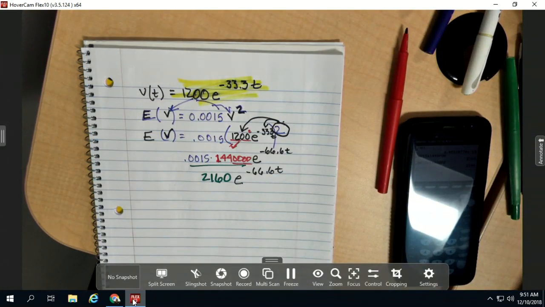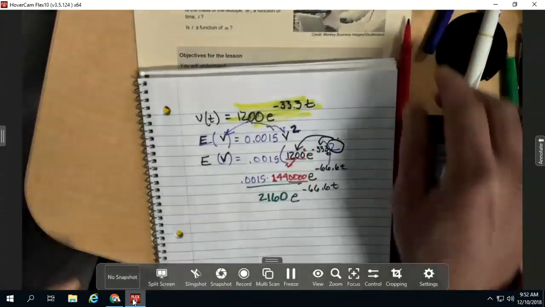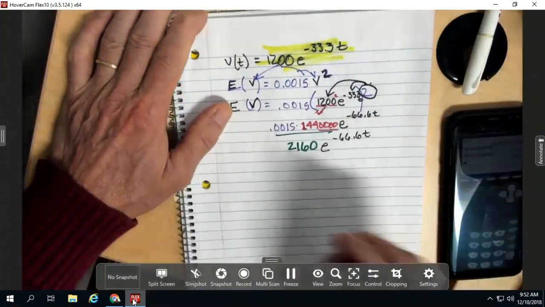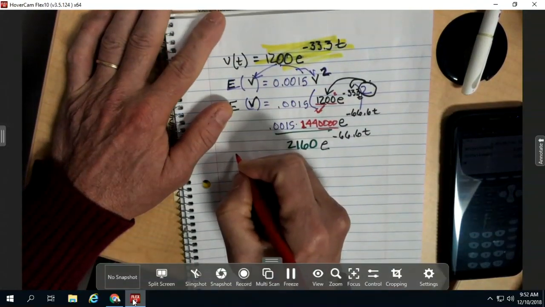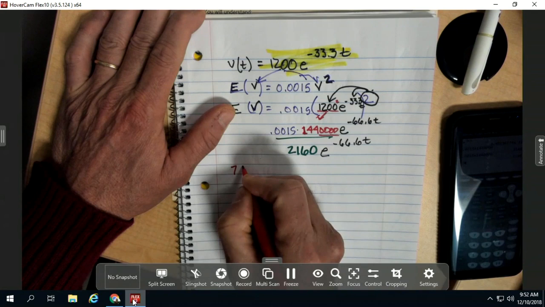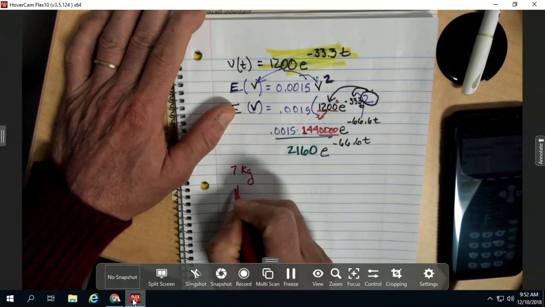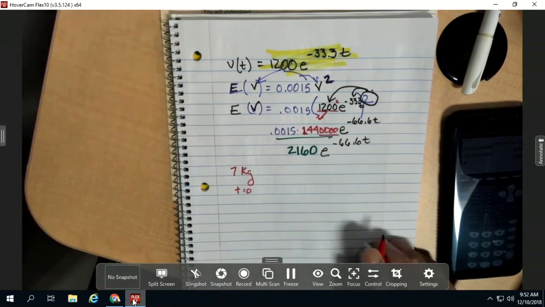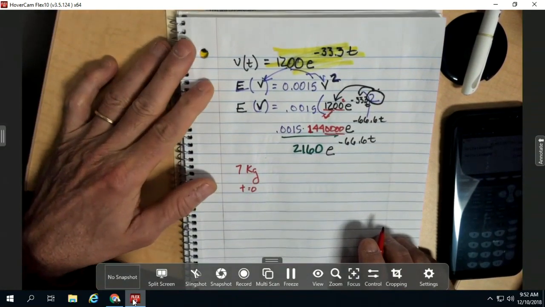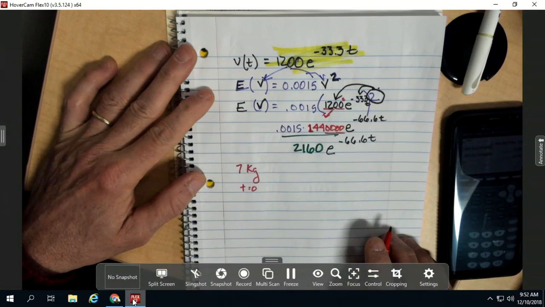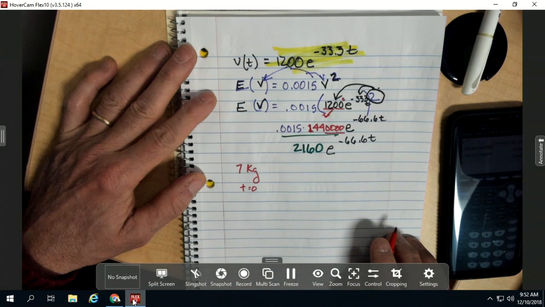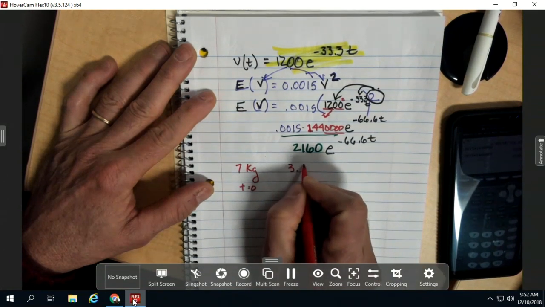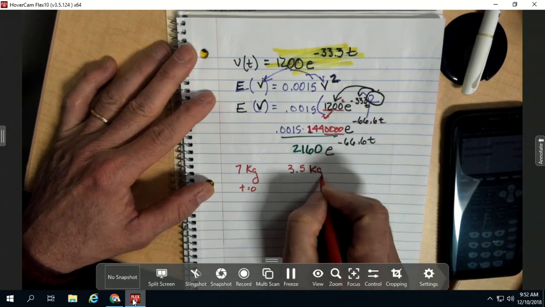Page 337. Seven kilograms at time 0. 3.5 kilograms.